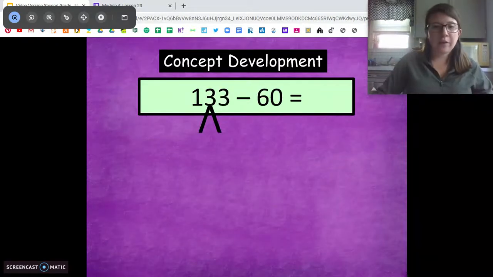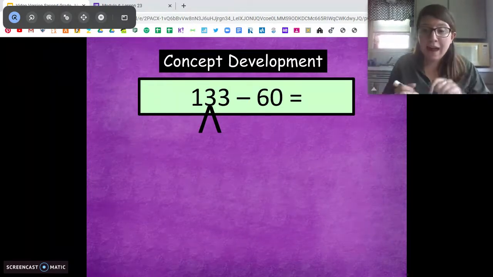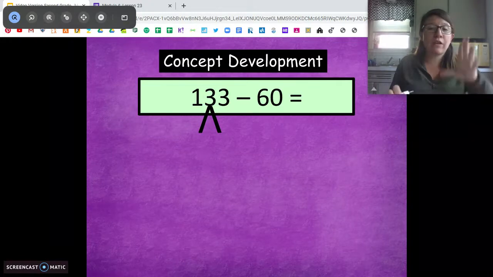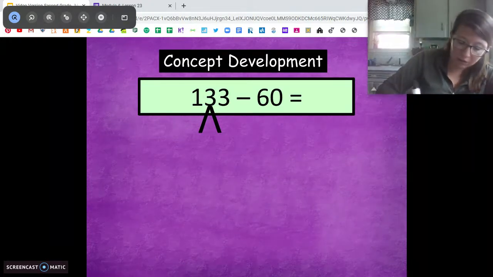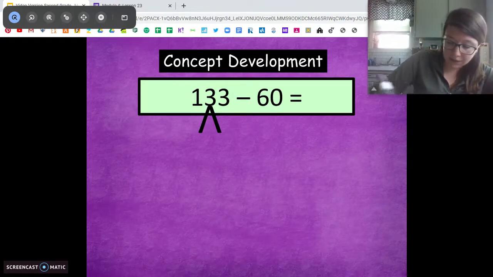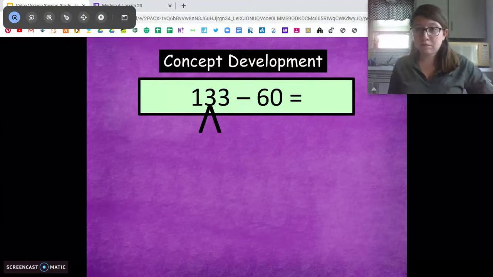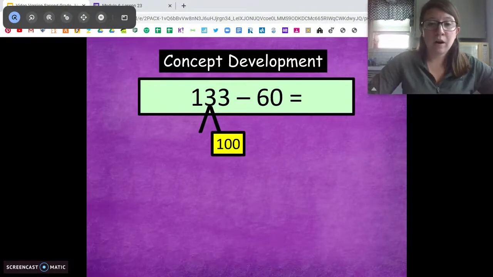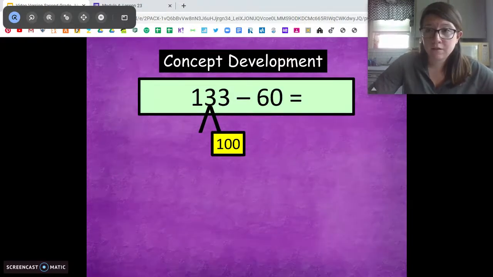I want you to write this on your paper, 133 minus 60. Then I want you to break down 133 into 100 and its extra ones. Okay, so I'm going to do the same. 133 minus 60. Break it down into its 100 and extra ones. So one of your parts is going to be 100. Your other part is going to be what?